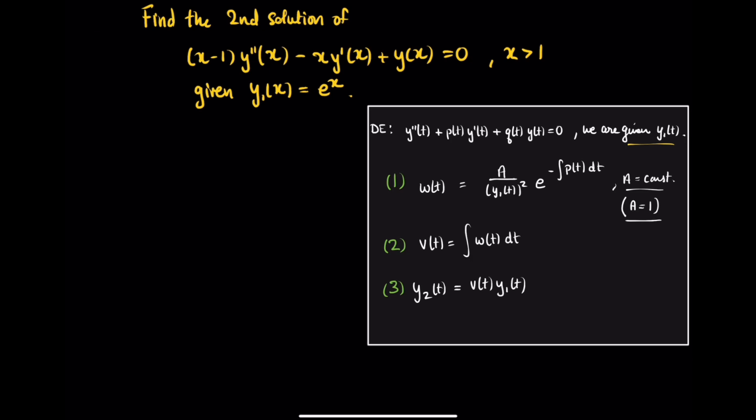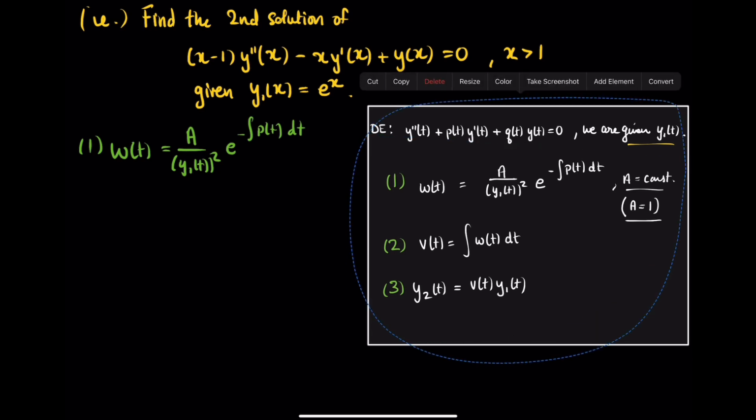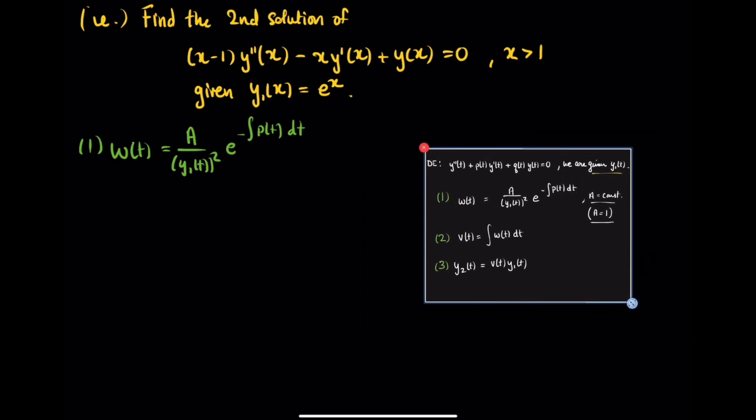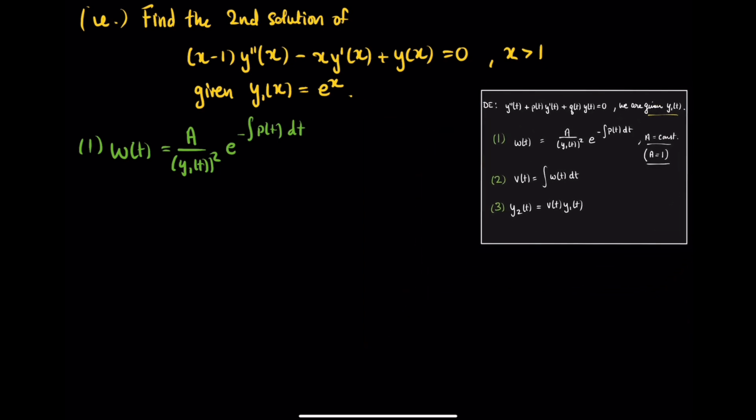So step one is W(t) = a y1(t)^2 e^(-∫p(t)dt), where a is a constant. I might make this even smaller, it's just taking too much room. There you go. So this is your W(t).